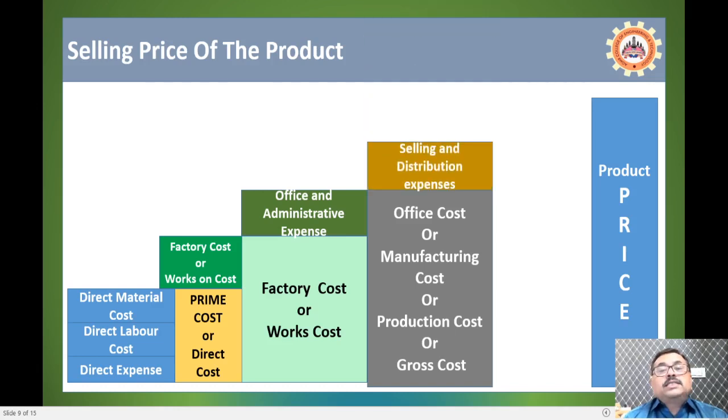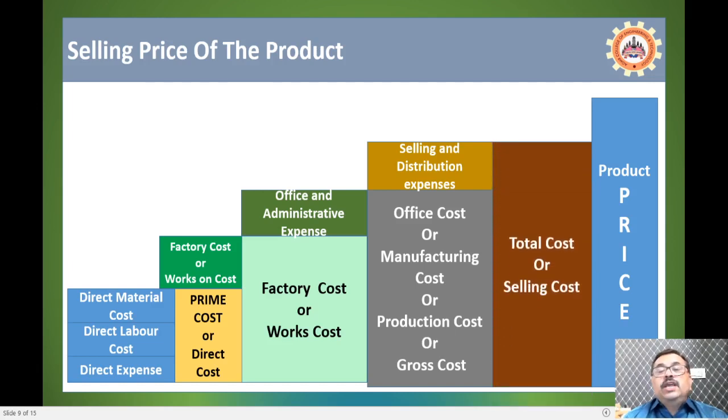If you add the selling and the distribution expenses to the office cost, you will get the total cost or the selling cost. To the selling cost, if you add the profit, you will get the price of the particular product. Fine. So these are all the steps in which you will be finding the cost of the product.